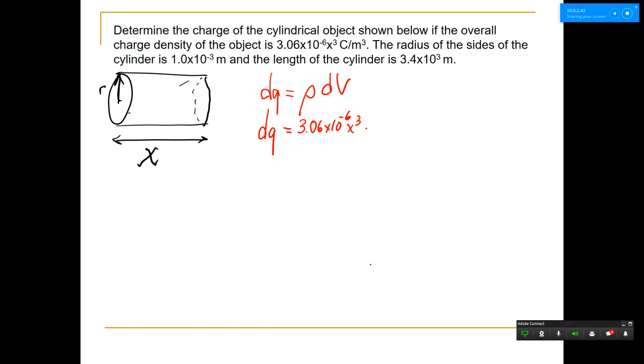What's that? Yeah. Pi r squared h, or pi r squared, but this time the thickness of this infinitely small disc is going to be, what's going to be the thickness of that? dx, exactly.